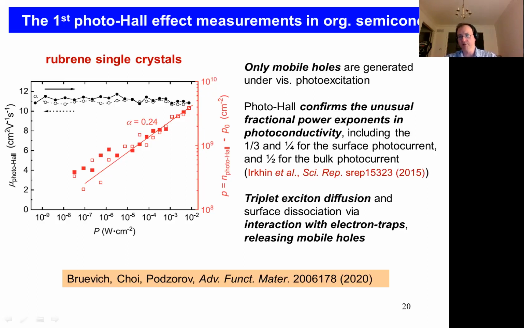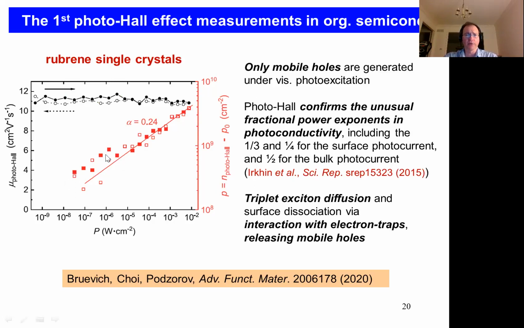More precisely, the electrons appear to be completely trapped at any light intensity within this huge range of values. So all the electrons that we possibly generate by light are trapped, while the holes are mobile and they carry 100% of our photocurrent.